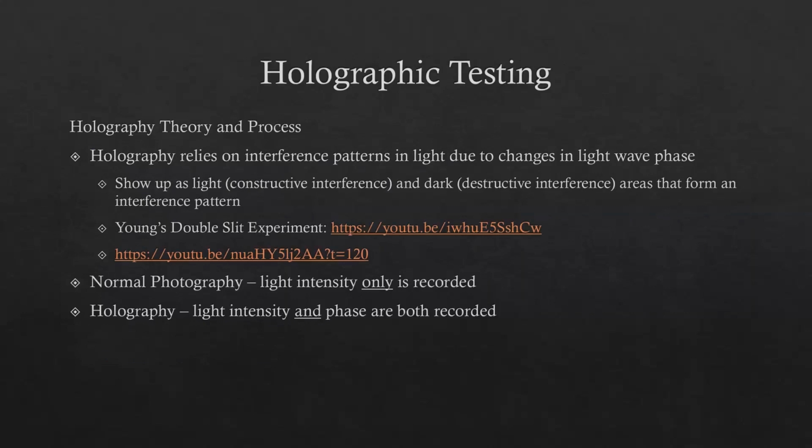A light wave, just like a sound wave or a wave in the ocean, has a certain phase. When there's constructive interference between two beams of light, you get an area that gets brighter, as the wave's amplitude increases. When the waves are out of phase, you get destructive interference, which looks darker when you view it.